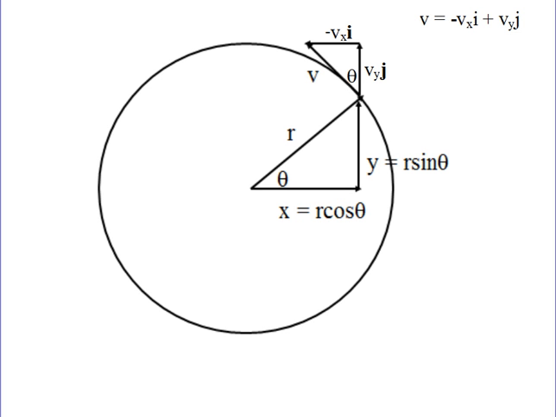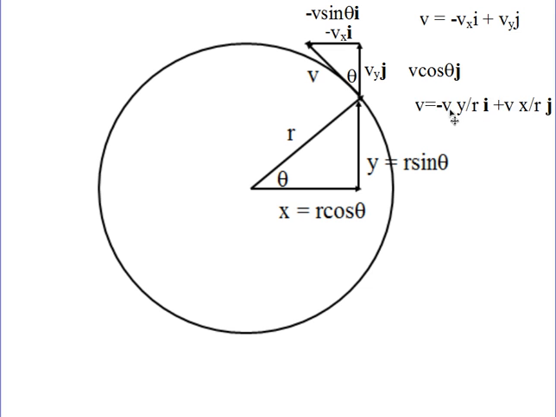So ultimately I can argue that this angle here is also theta. And thus it follows that this is the magnitude of the velocity times the sine of theta, and this one here is the magnitude of the velocity times the cosine of theta. And if I come back here, I can see that the cosine of theta is going to be equal to x over r, and the sine of theta is going to be y over r.